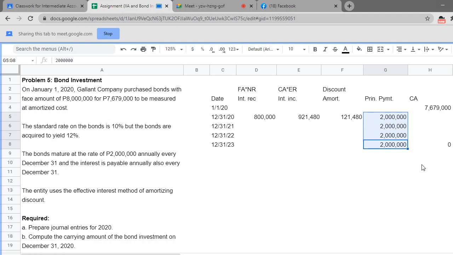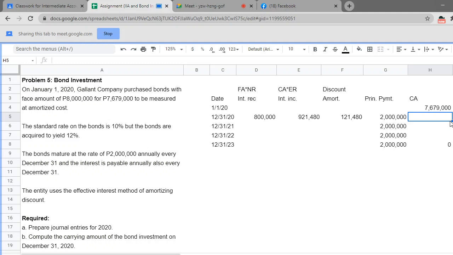Kaso, magbabayad nga siya every year. Staggered nga payment. Alam nga na magnagyapon siya utang kung nagabayad na siya 2 million every year. So, dapat zero na. Okay? Pero ang atuang goal, kaning carrying amount plus kaning tanan nato nga amortization dapat mag-equal og 8 million. Okay?